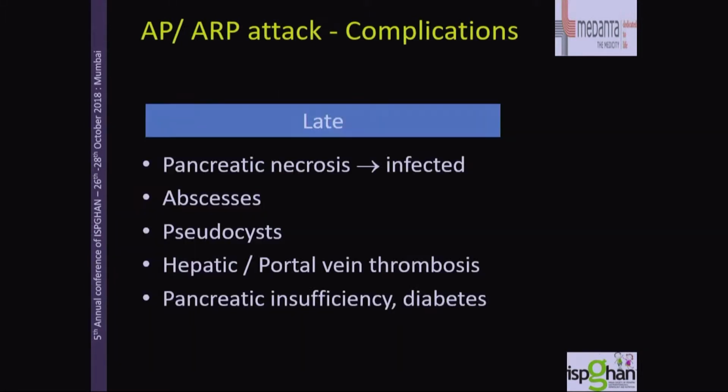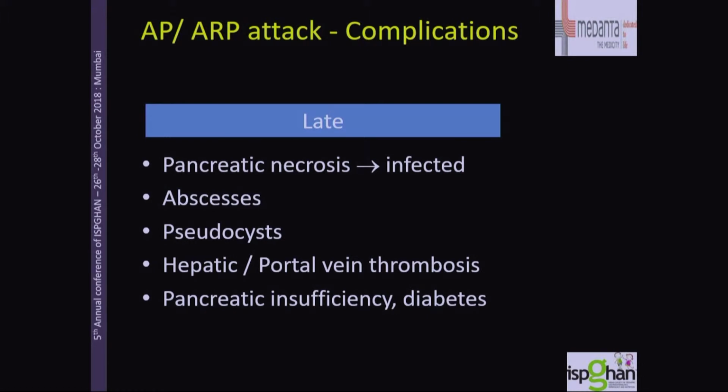Late complications would include infection of the necrotic pancreas, because it is like a material for the bacteria, the enzymes and all that could be there. And you can have abscess or pseudocyst, which is the commonest complication, and less frequently you might develop portal vein or splenic vein thrombosis.